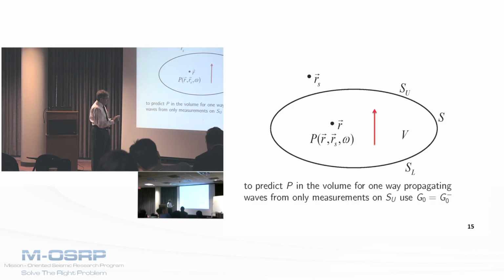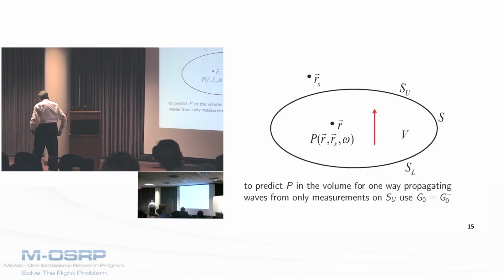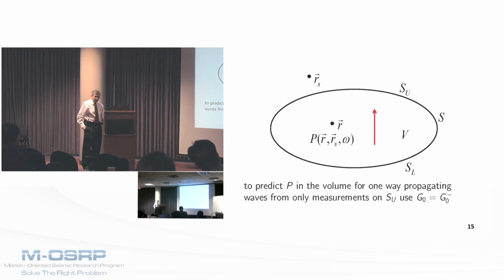If I choose G0 plus, then information on the bottom will be required and not on top. Yes? But since I have information on top and not on the bottom, yes, I choose anti-causal. Yes? For a wave moving up. That thought leads to FK migration.